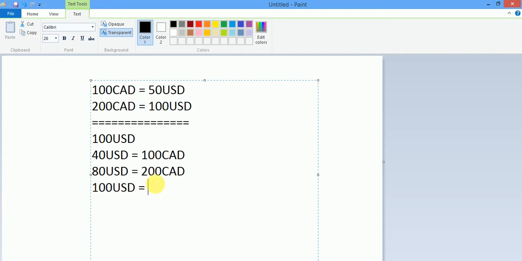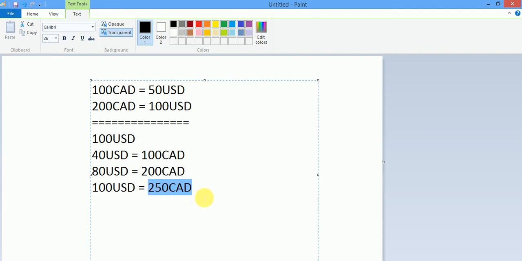How do we know? 80 gives us 200, right? 40 gives us 100. So half of 40, which is 20, will give us 50 CAD. Adding it here, we get 250 Canadian dollars, which means 80 plus 20, which is 100. So 100 US dollars here will give us 250 Canadian dollars.